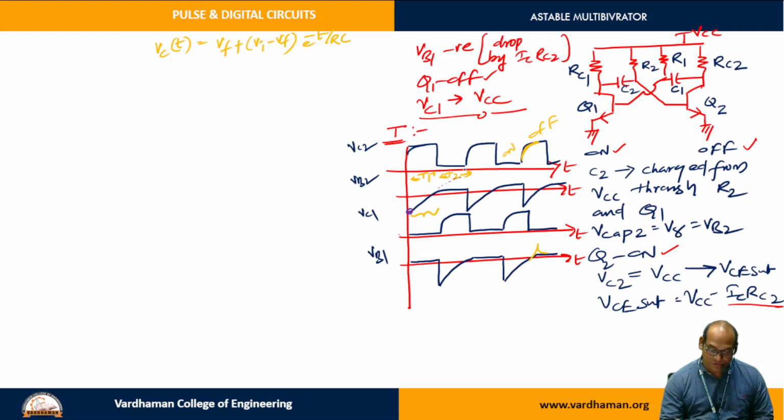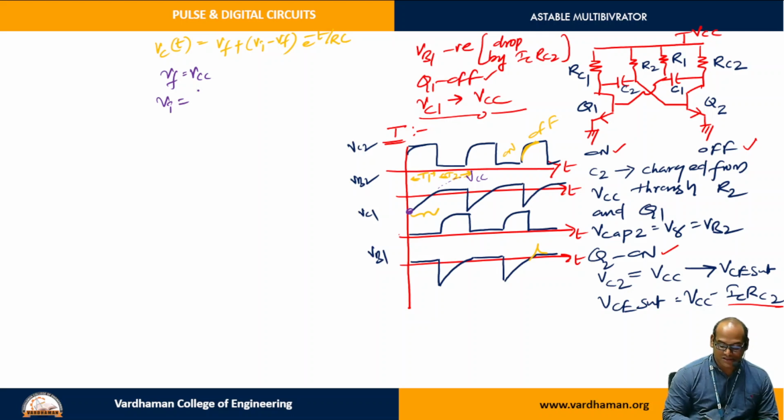It can charge up to VCC. We have given the statement that the capacitor C1 or C2 will be charged from the supply VCC. For example, if you take C2, it can be charged from VCC through R2 and Q1. So it is charging from VCC, which means without having other elements, it can charge up to the maximum supply voltage, that is VCC. So V final is equal to VCC.